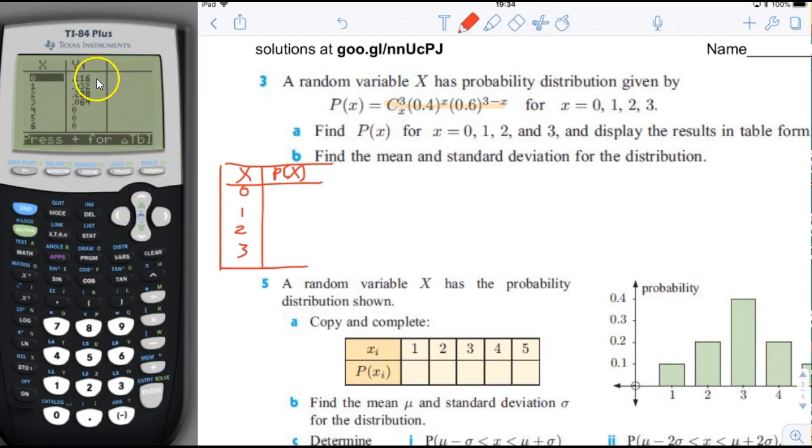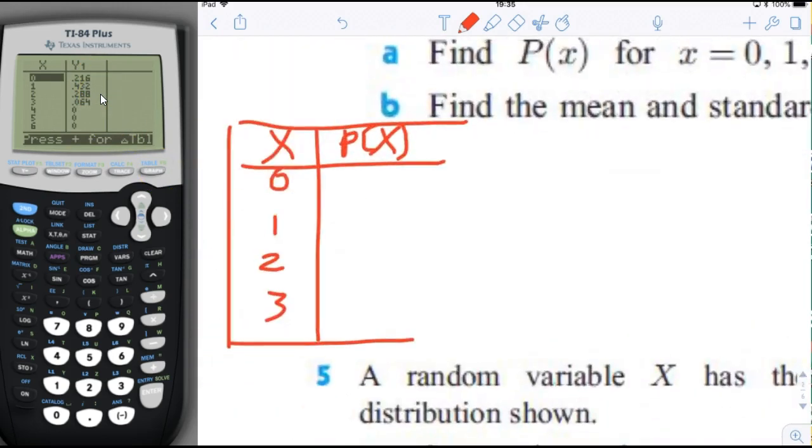Okay, and there we go. So these are all the values. The first one is 0.216. The second one is 0.432. The third one is 0.288. And the fourth one is 0.064.